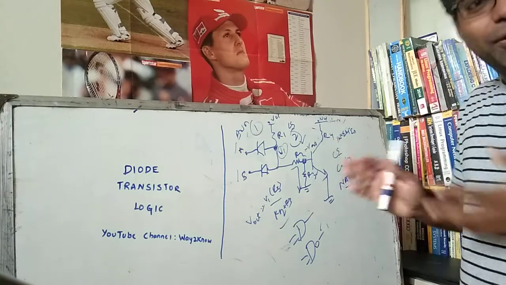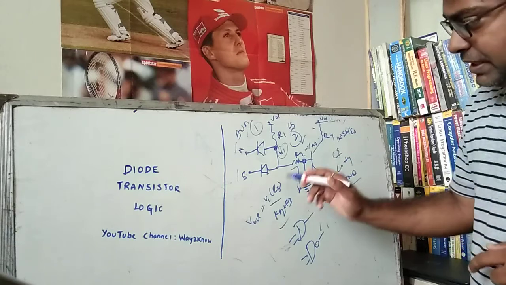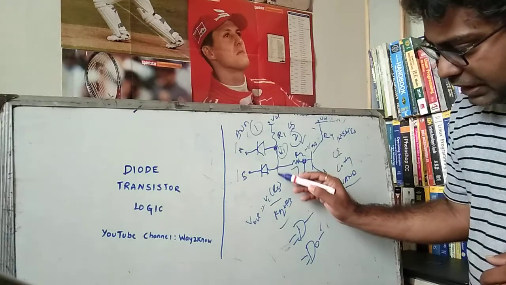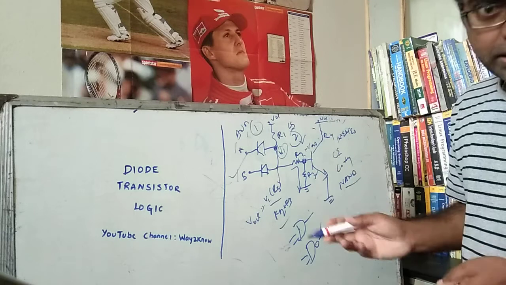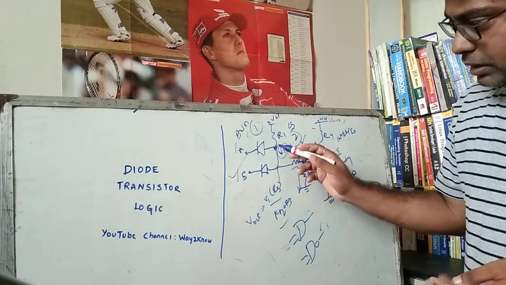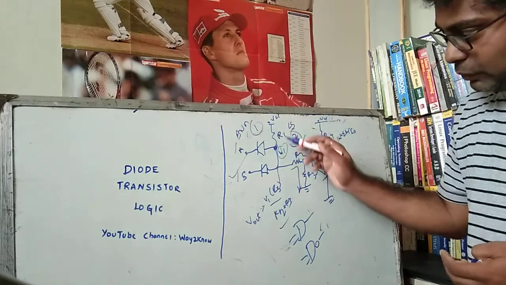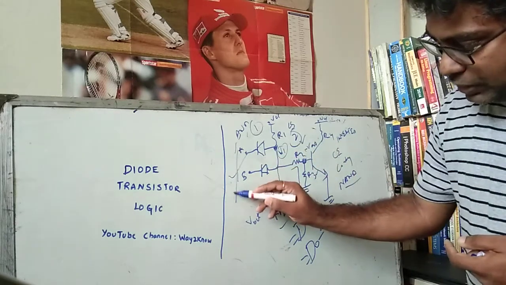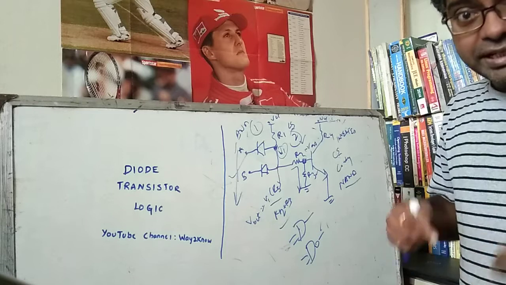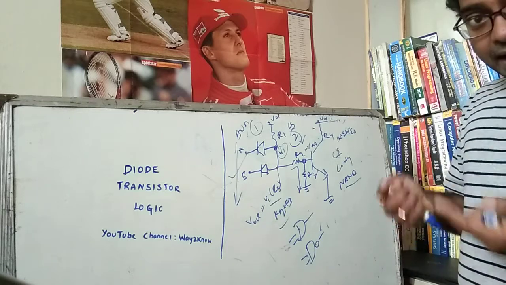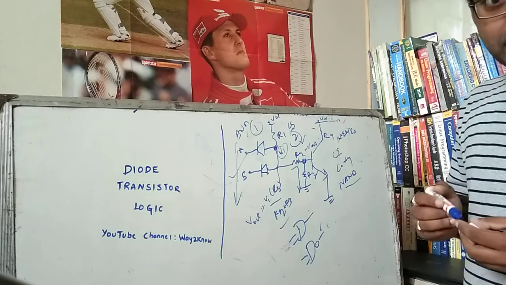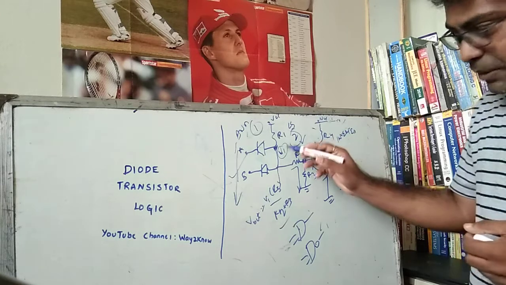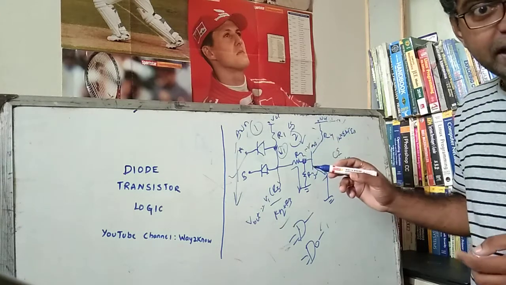One of the major advantages, if you see here, is that you can increase the number of inputs as per your need, so that this voltage rail doesn't get loaded. So you can increase these voltage rails. That is one of the advantages. That means you are increasing the fan in. And the second thing is there is less power dissipation seen here.